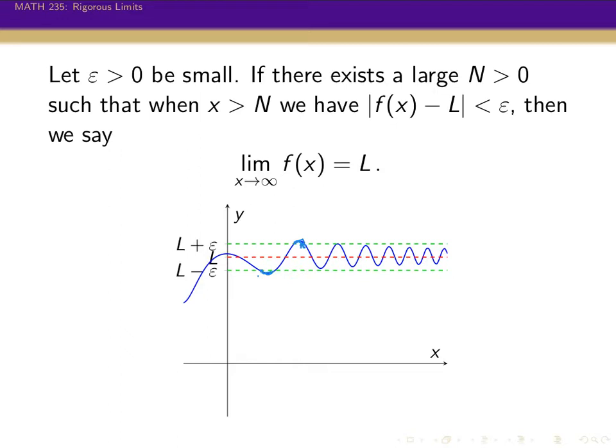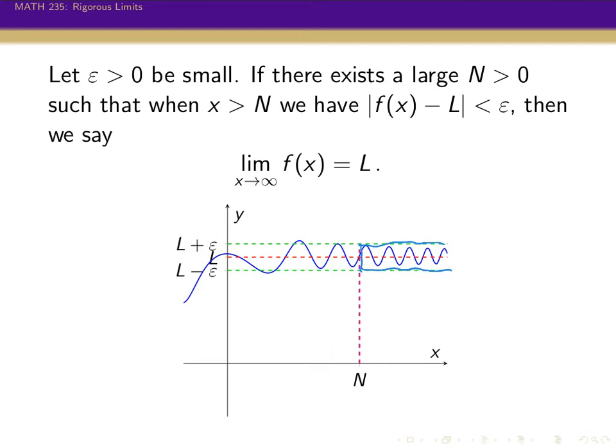But then as we go further right, it stops going in and out of those green lines. There gets to be a point where the rest of the way, it's in between those two green lines going across. Once that happens, we can pick a point after that and call that n. Then if you look to the right of n, the function stays between the top and the bottom.